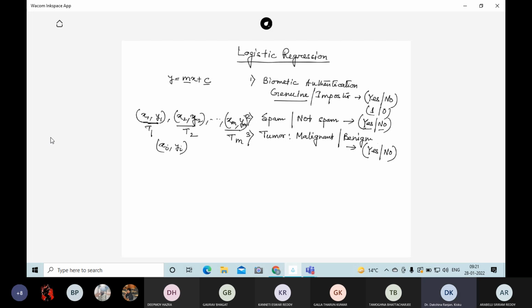Now considering these three problems, biometrics authentication, whether a mail is spam or not, whether a tumor is malignant or not, we can have a binary classification.